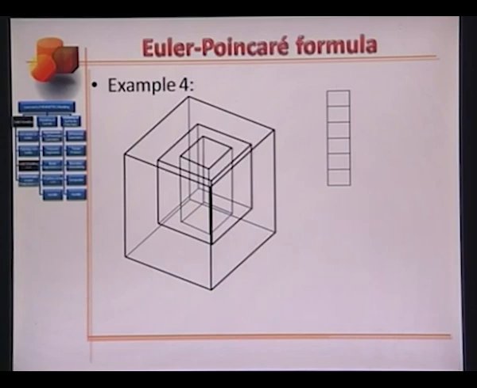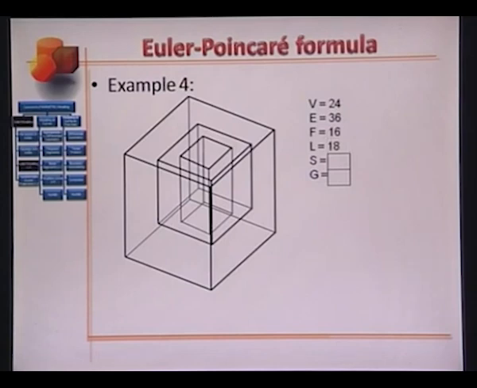Let's try to see what the Euler-Poincare formula has to predict. The number of vertices, 24. The number of edges, they are 36. Number of faces, they would be 16. Number of loops, they would be 18.